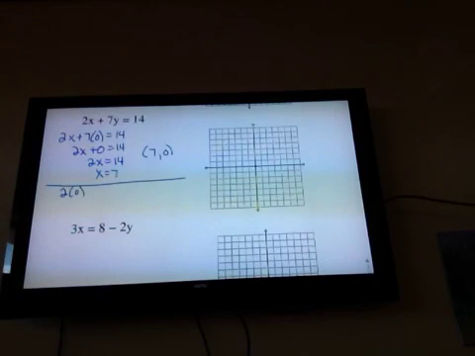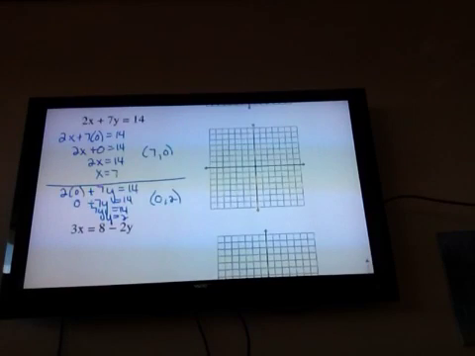I solve for y this time, though. Didn't leave a lot of room there, did I? 2 times 0 is 0, plus 7y equals 14. 0 plus 7y is 7y is 14. Divide, and y is 2. So 0, 2.